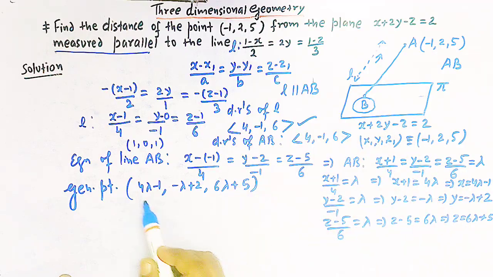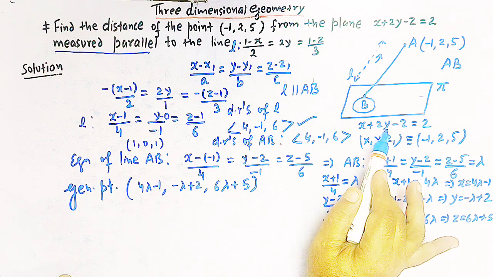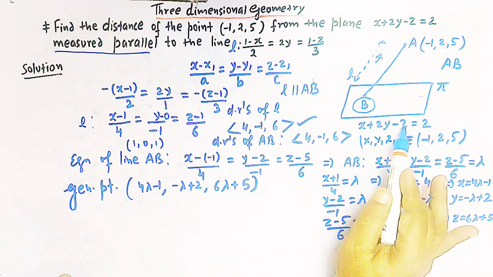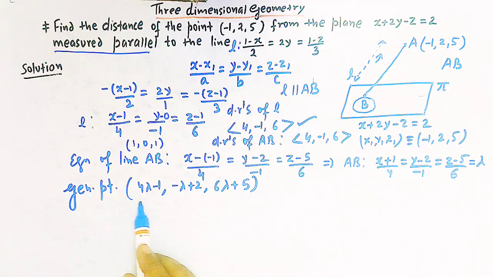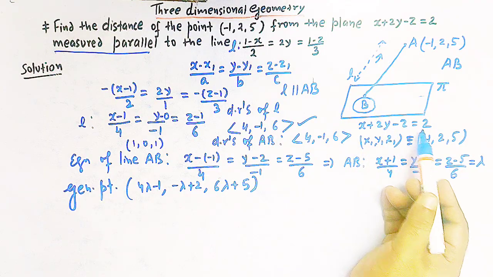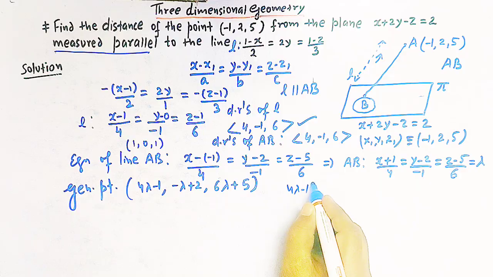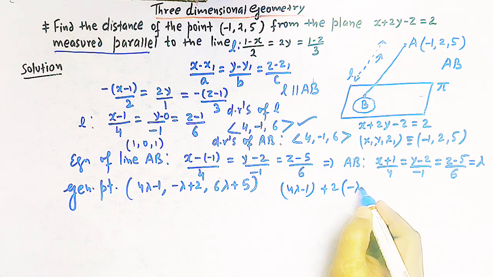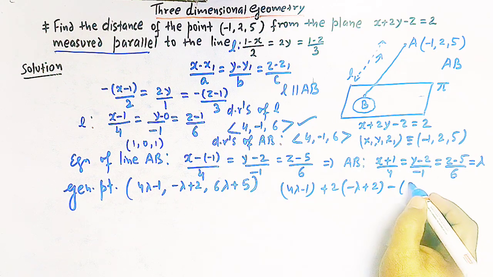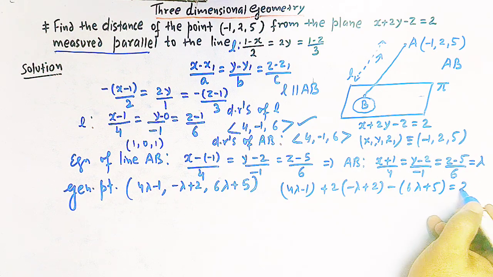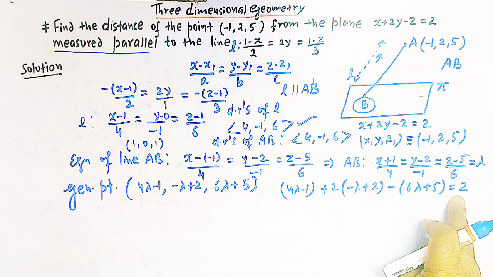So replacing x by 4 lambda minus 1, y by minus lambda plus 2 and z by 6 lambda plus 5, we can find out the value of lambda for which this coordinate represents this point B. So now substituting this coordinate in this equation of plane, we have 4 lambda minus 1, then 2 times (minus lambda plus 2), and then minus z here, that is minus (6 lambda plus 5), is equal to 2. So now we have a linear equation in lambda.